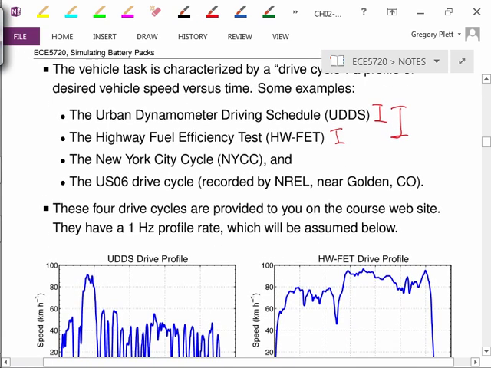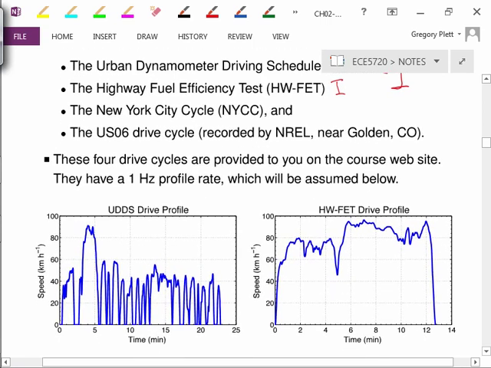The New York City Cycle was one that's a bit more ad hoc. It was gathered driving around New York City. I think it's more of a taxi cab or a bus route kind of schedule. There's a lot of stopping and starting and low speeds. And the US06 is more of an aggressive cycle that was recorded by the National Renewable Energy Lab near Golden, Colorado.